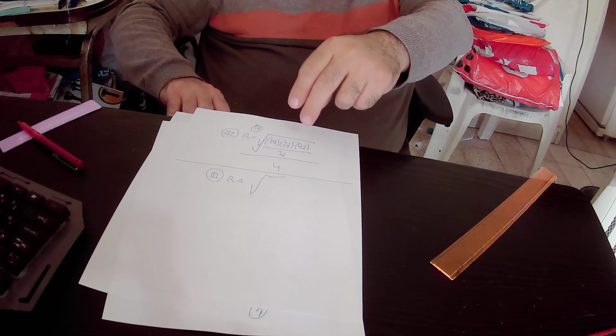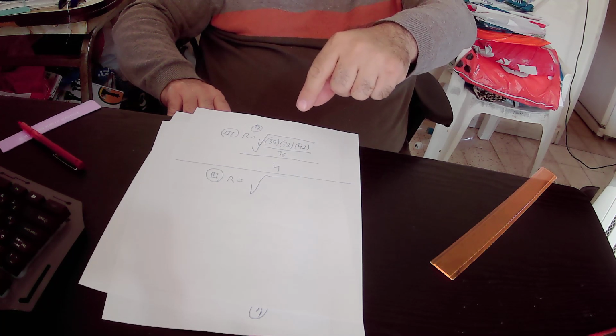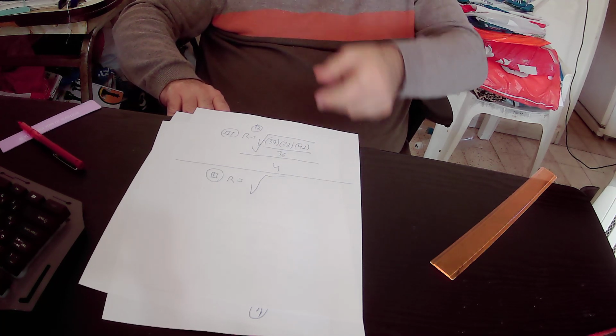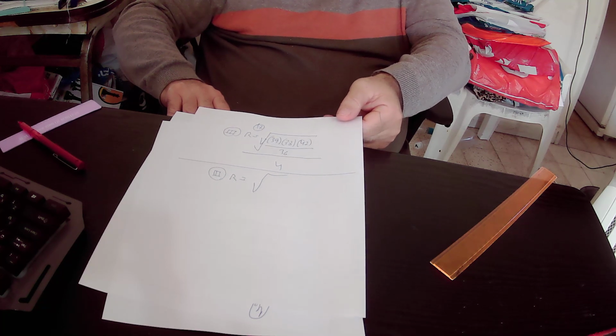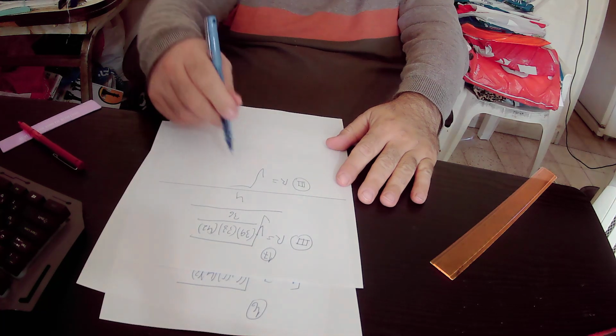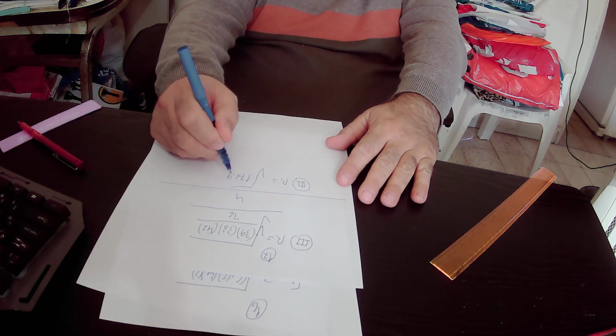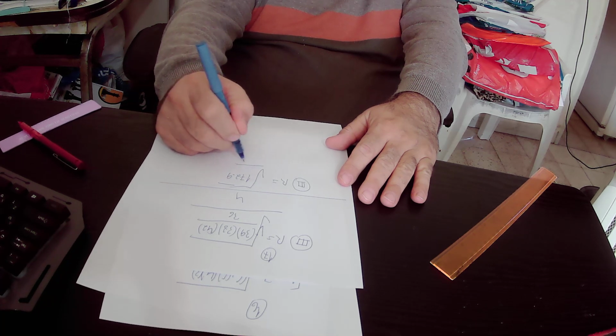Actually, the expression inside the square root equals 172.9, all divided by 4.